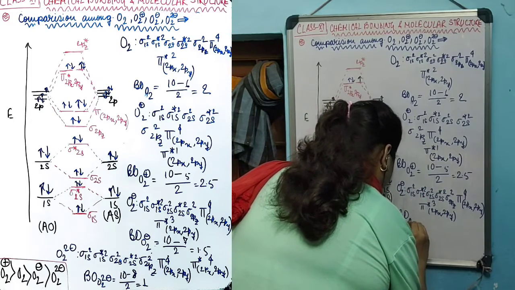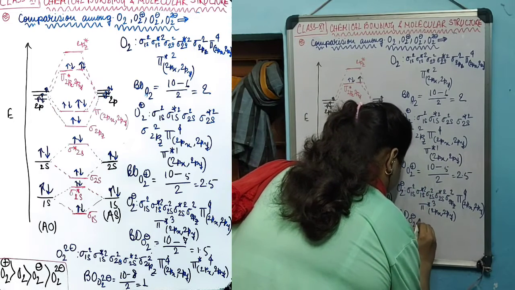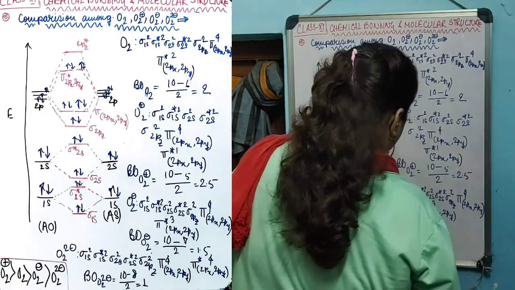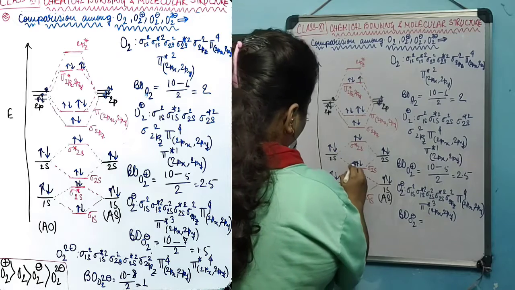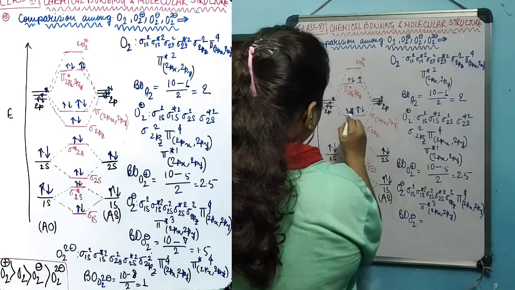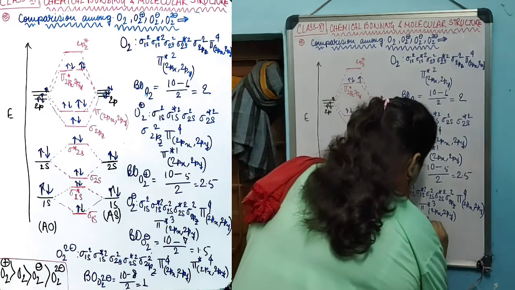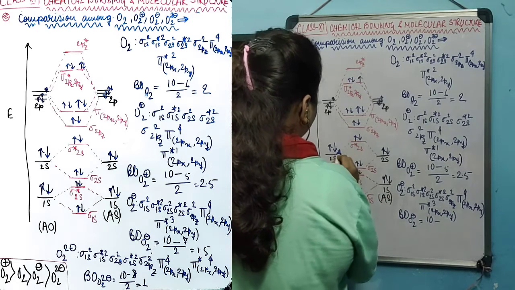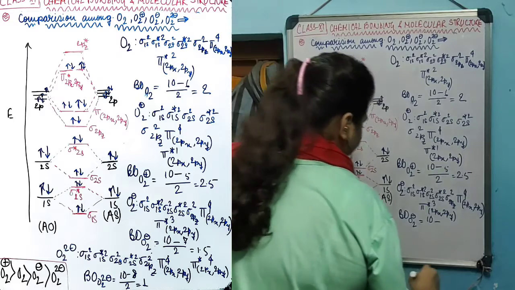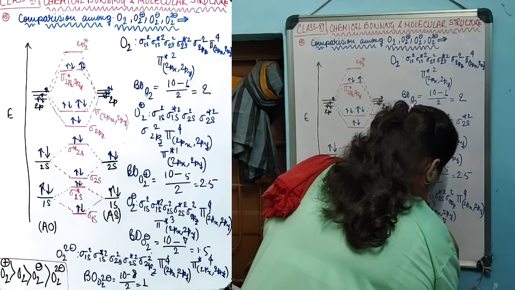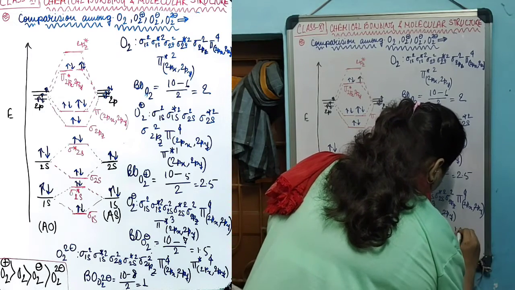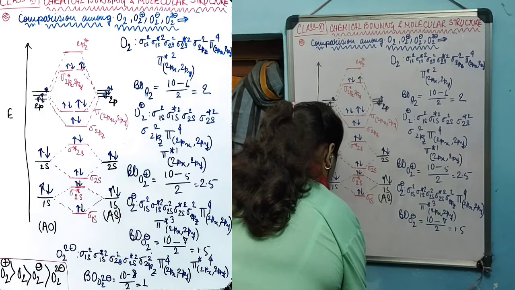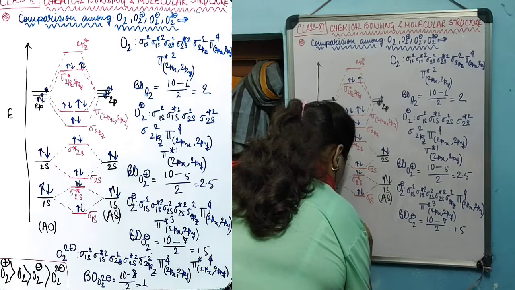The bond order for O2 minus: bonding electrons 10, antibonding electrons 7, so the bond order is 1.5.